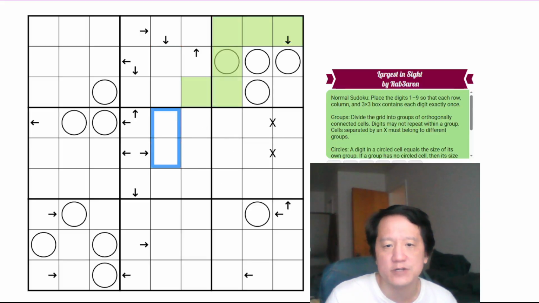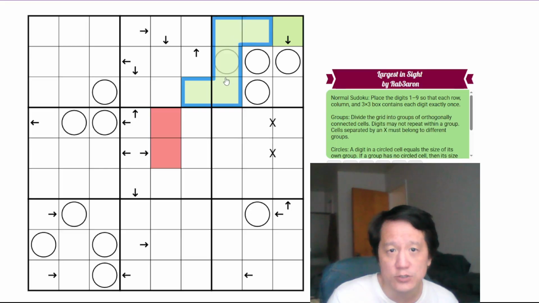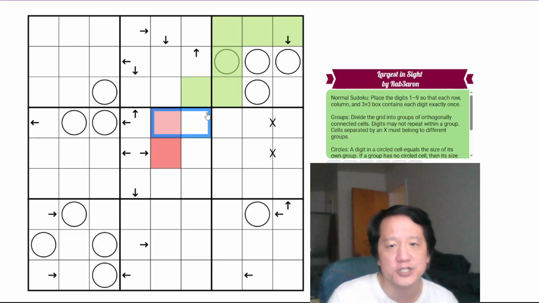This, however, is not, because to get from these cells to these cells, obviously you can go through an edge while staying within the group. But to get to these cells, you cannot. You have to either go through a corner or go through an edge exiting the group of cells. So that's an example of an invalid orthogonally connected group.